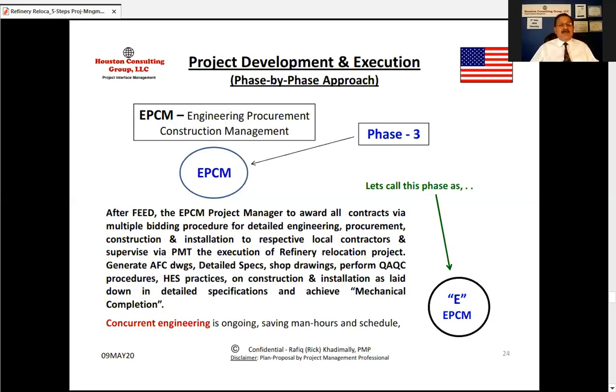After FEED, the EPCM project manager to award all contracts via multiple bidding procedure and detailed engineering, procurement, construction, and installation to respective local contractors and supervise via PMT the execution of project refinery location project, generate approved for construction drawings, detailed specs, shop drawings, perform QA/QC procedures, HSE practices on construction and installation as laid down in detailed specification, and achieve what you have to achieve now at this phase, mechanical completion. Okay, so this was the phase 3, and let's call that as E.